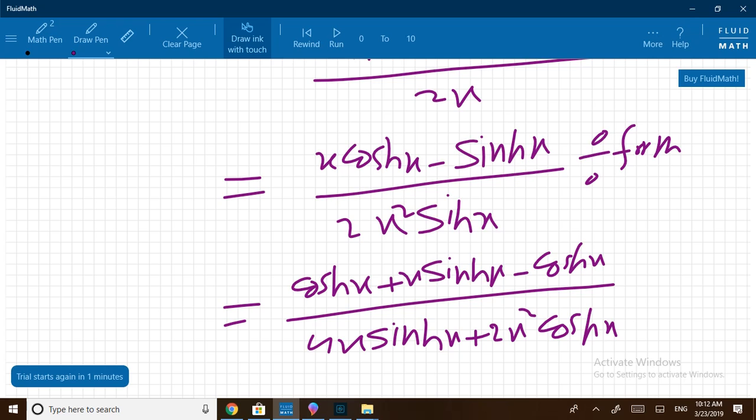If cos hyperbolic is cancelled, it is again 0 divided by 0 form.